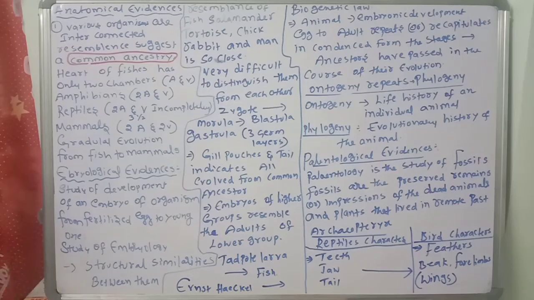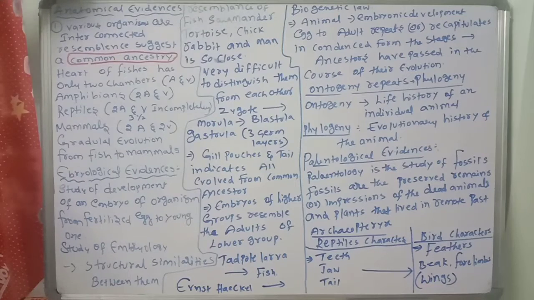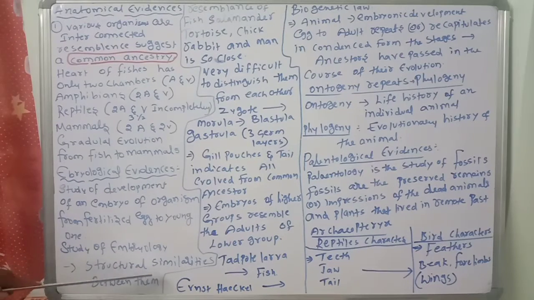Now this is the most important: the study of embryology of different animal groups shows striking structural similarities between them. So embryos show structural similarities.